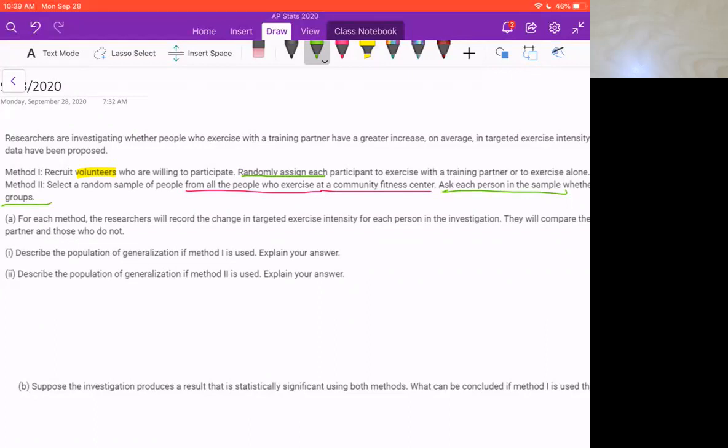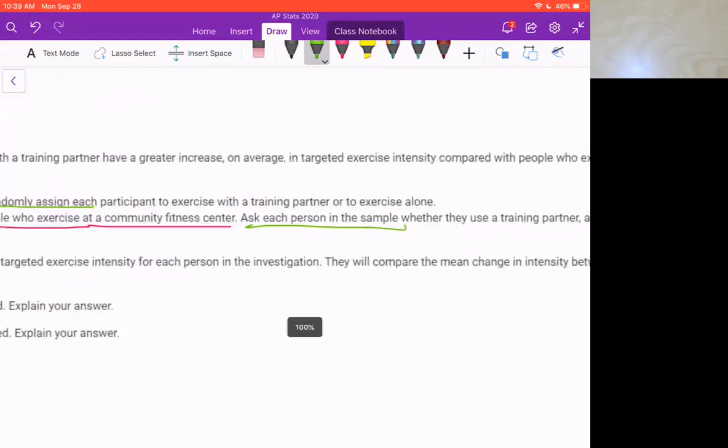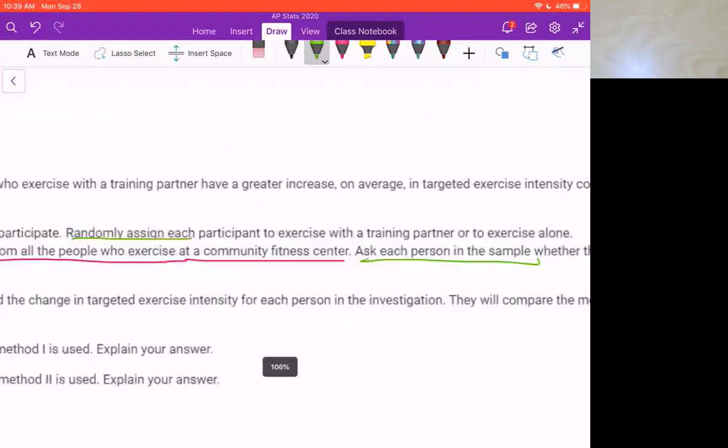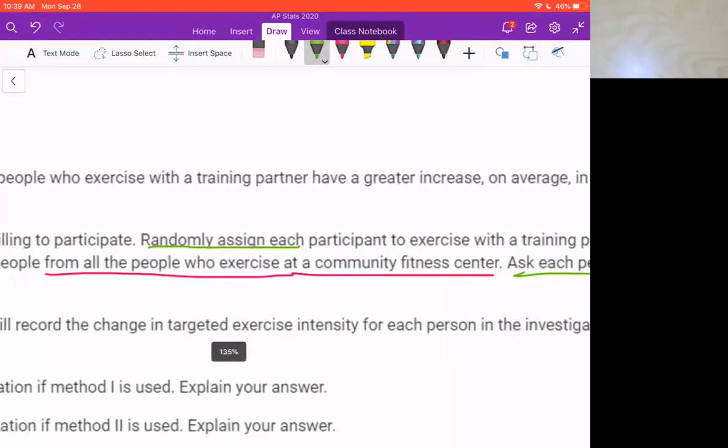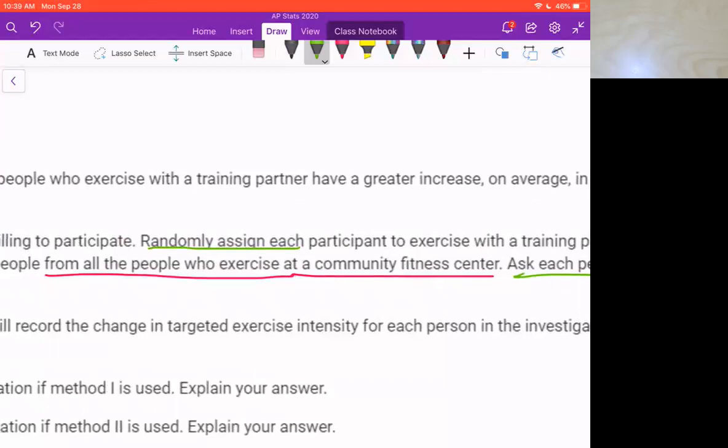So besides the volunteer versus the random sample, what is also the difference between these two methods? What is method 1 actually? So what does it become when you randomly assign people to something? Starts with an E. What is this?